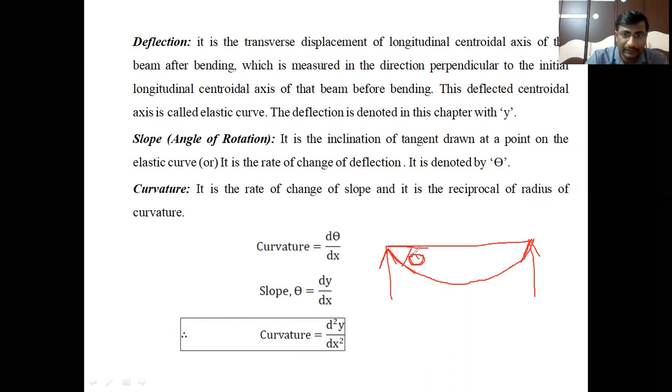How to find this angle of rotation? For example, let us find the slope at some point. What is the slope of the beam here?